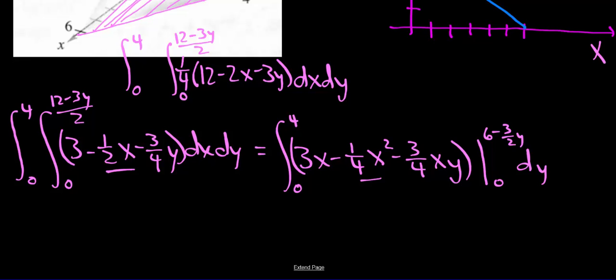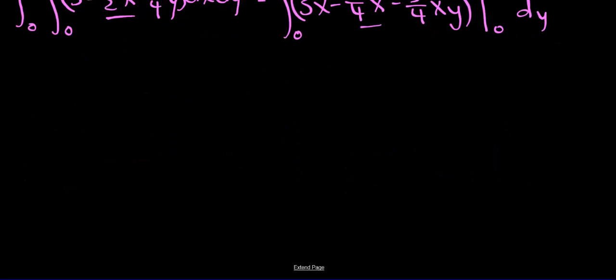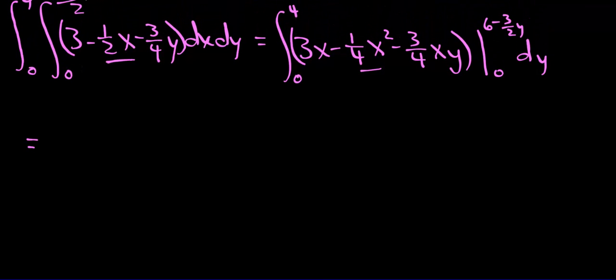Now I need to plug in, every place I have an x, I need to put in a 6 minus 3/2 y. Okay, so let's see how this is going to look. This seems daunting, right?